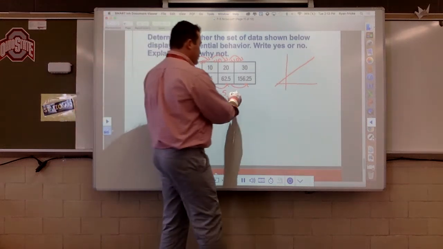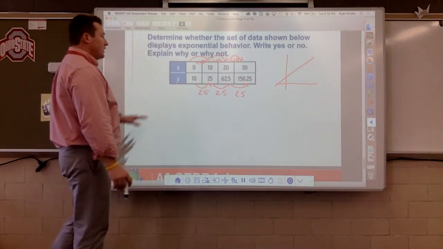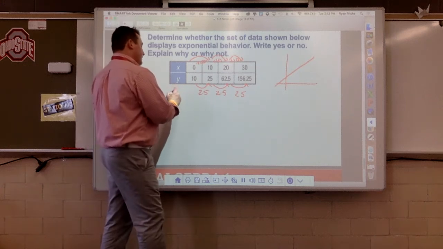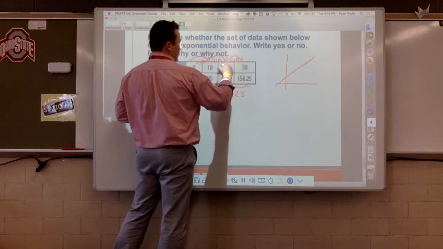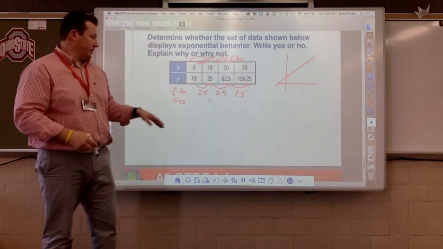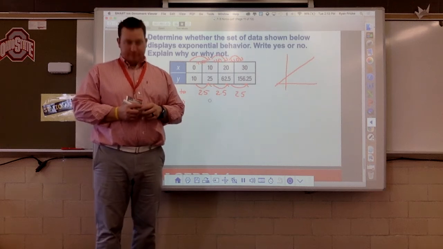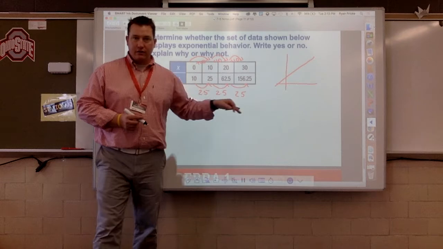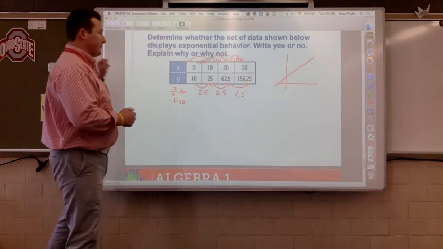It's that same number, 2.5. Okay? So we found this number, right? Divide to find. Okay? What did we do up here? We subtracted to find here. Okay? So does this one have exponential behavior? Absolutely. It's growing by what factor? By a factor of 2.5. Okay? Beautiful.